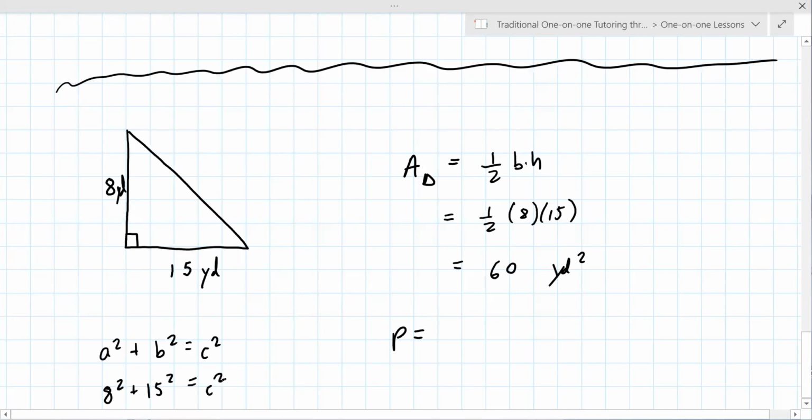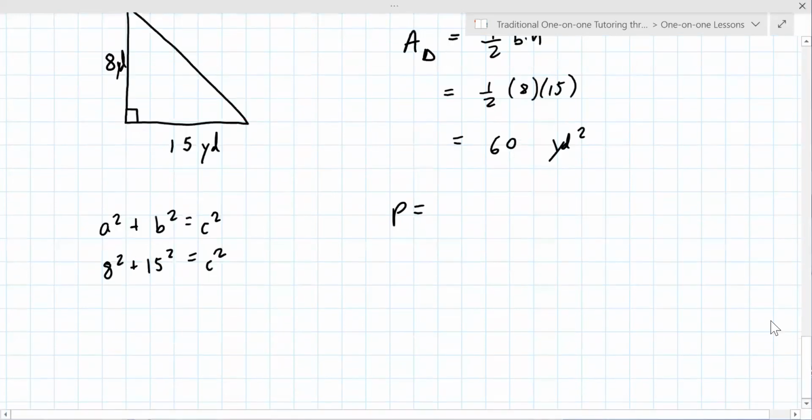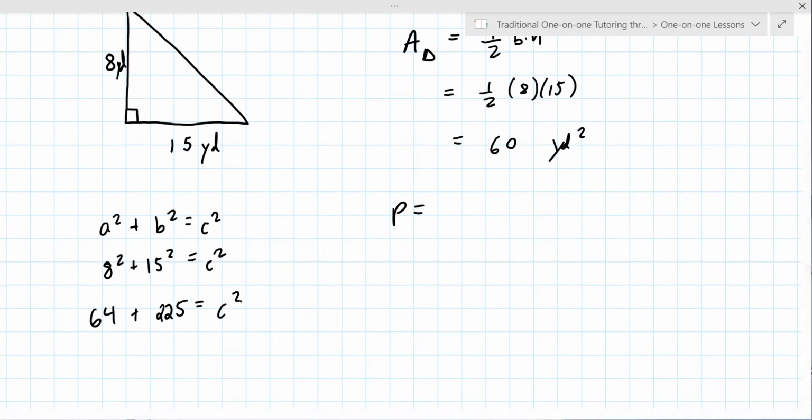8 squared, 8 times 8, 64. 15 squared, 15 times 15 is, I would guess, 225. It is 225. So I guessed it. I think you've seen it a few times, so you're right on track there. What is 64 plus 225? 289.